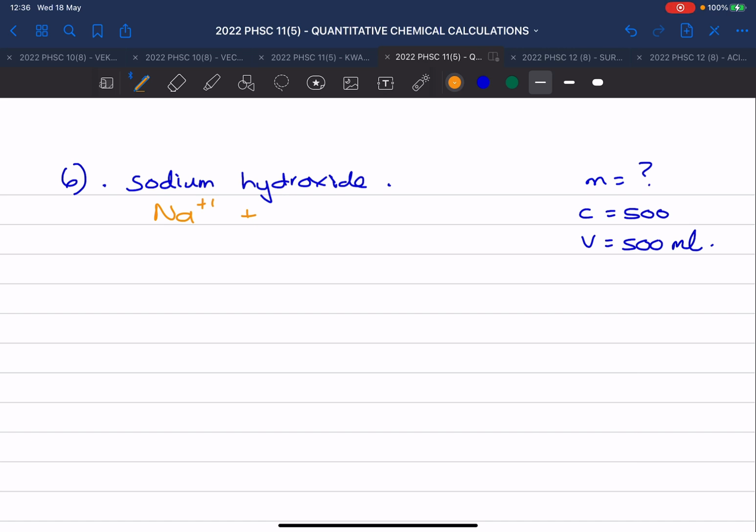Okay, you can help him: hydroxide is OH minus. So, sodium hydroxide, the valency is one. So what will the formula be? You don't write the one?